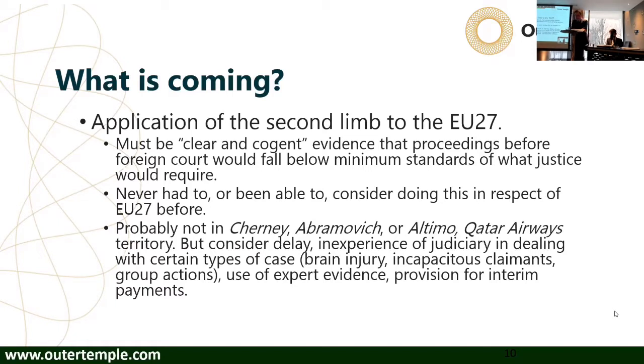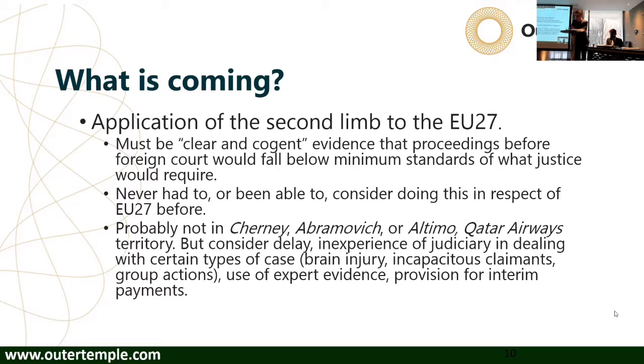There may well be subtler arguments about delay, or inexperience of the judiciary in dealing with certain types of case, for example serious brain injury, or involving incapacitous claimants or group actions. There might not be adequate or any real provision for interim payments to be determined and paid out for seriously injured claimants.